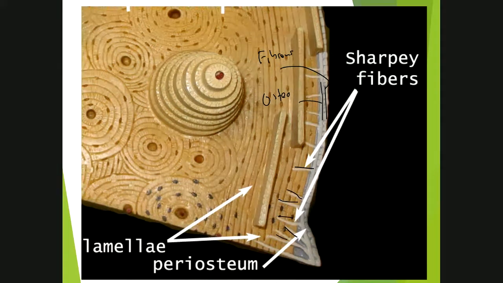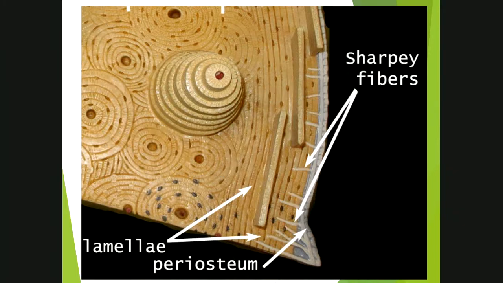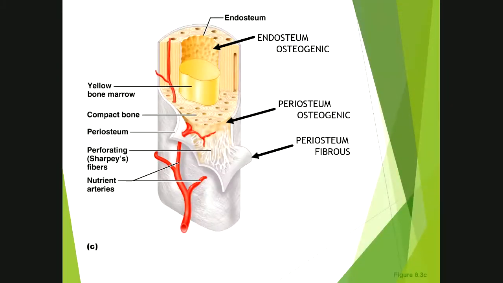Don't forget over here, there's our lamellae and our central canals, our osteons. So it's on the outside of this bone. This is outside over here. And again, it looks like this.